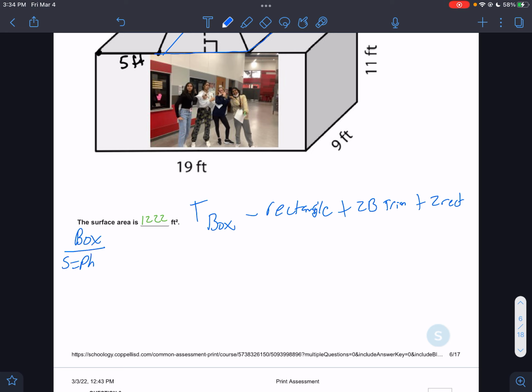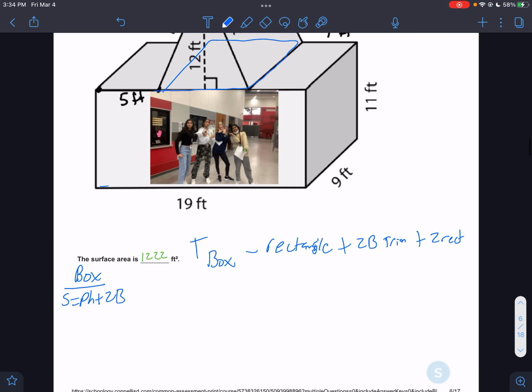Surface area is going to be pH plus 2b. I'm going to make the bottom my base. So if I'm working on the bottom, that would be 19 by 9. So that'd be 19 plus 9 times 2 would be 56. So the perimeter, I'm going to put it over here actually. The perimeter is 56. 19 times 9 would be 171.